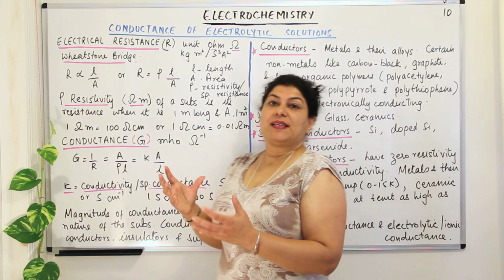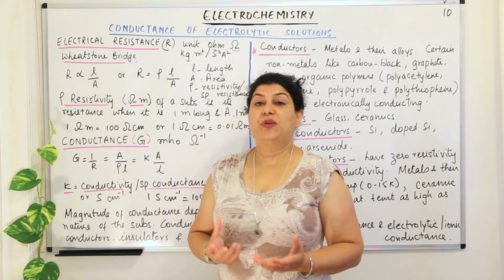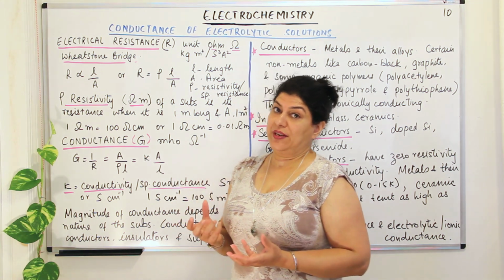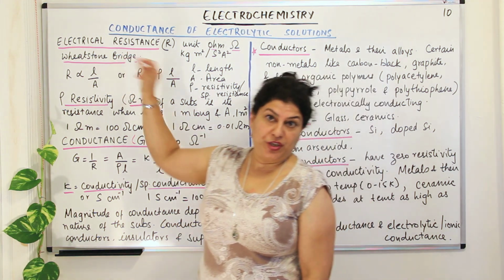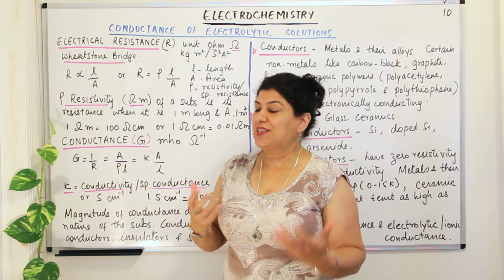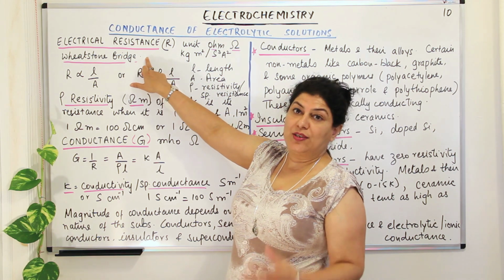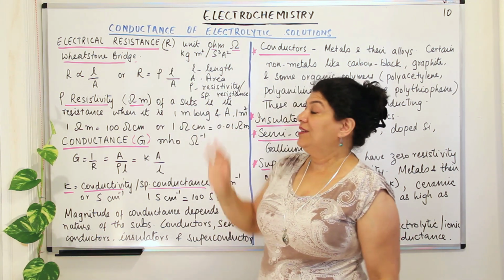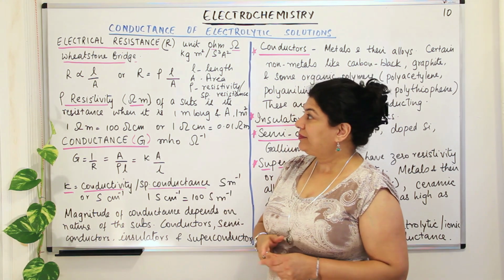And electrical resistance, in your study of physics, you must know, is found with the help of a Wheatstone bridge. Since I do not remember my physics as much, if you would like to go into more details, go into your physics books and talk to your physics teacher. They'll be able to tell you more about this.